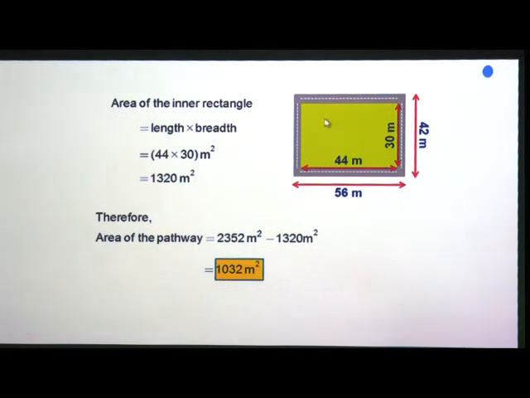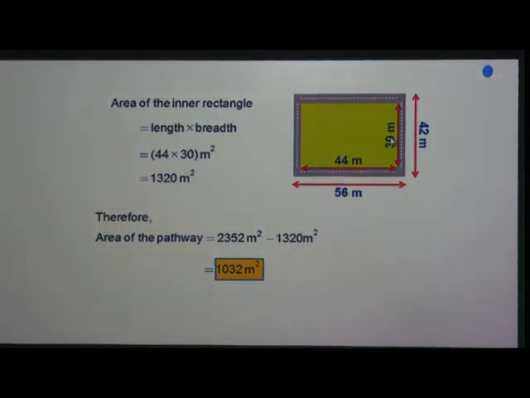In short, the length of the green rectangle is equal to 56 minus 2 times 6, since opposite sides of a rectangle are the same. The width is given to us, so 2 multiplied by 6 is 12. After 56 minus 12 you get 44, this is the length, and similarly we calculate the breadth. In this way we calculated the length and breadth of the inner rectangle too.